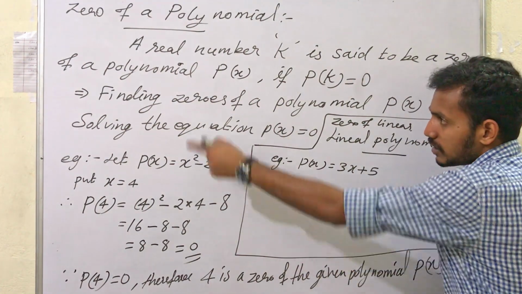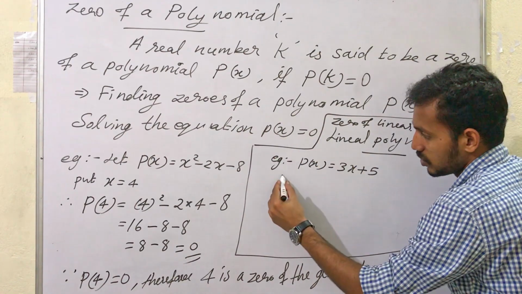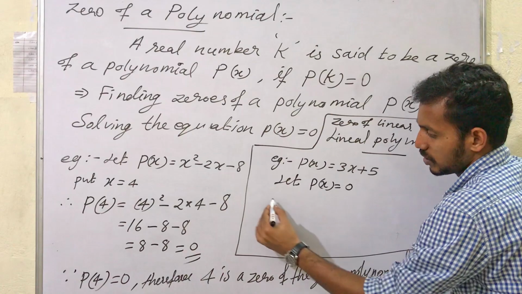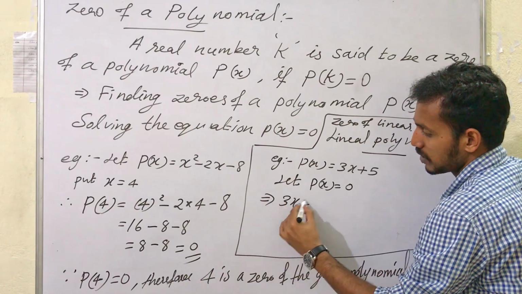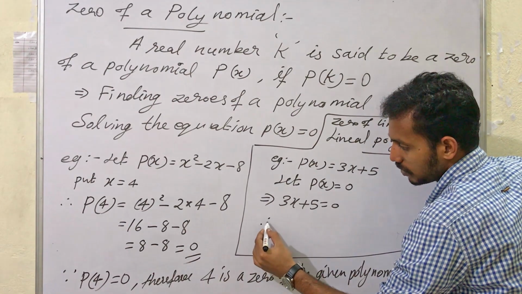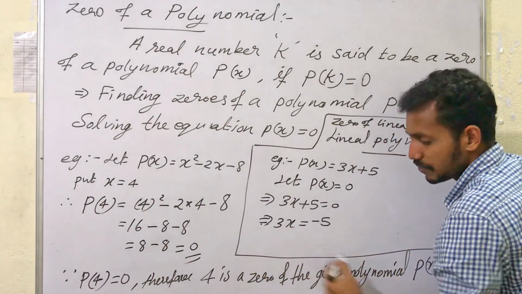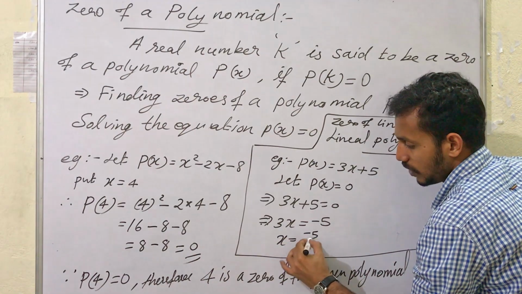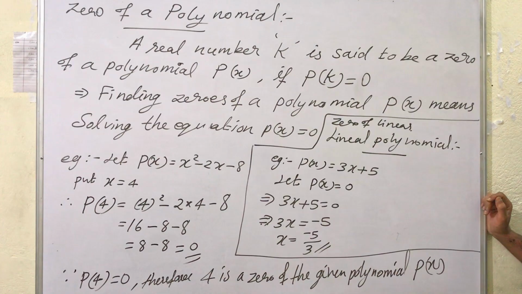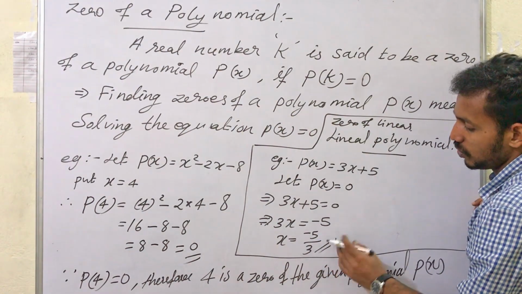To find the 0 of the polynomial, we solve the equation p of x equal to 0. So let p of x be equal to 0. That implies 3x plus 5 is equal to 0, which implies 3x is equal to minus 5, x equal to minus 5 divided by 3. So here x equal to minus 5 by 3 is a 0 of the polynomial.